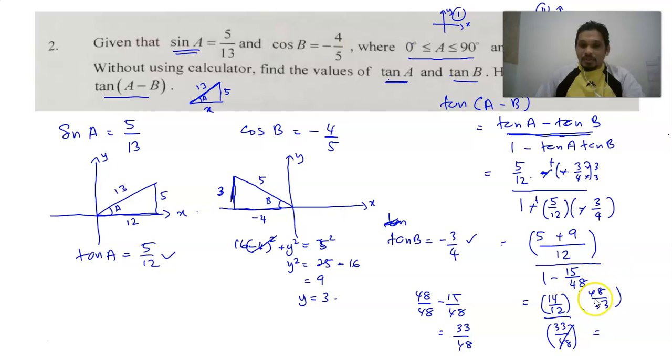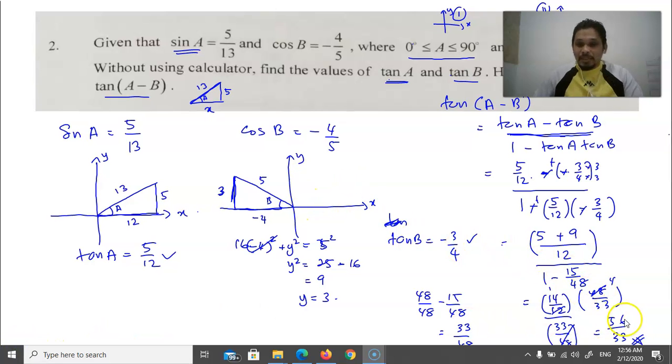Okay, so between 48 and 12, 12 times 4, and then 4 times 4 equal to 16, 1 times 4 plus 1 equal to 56 divided by 33. Okay, so this is the final answer then, 56 divided by 33.